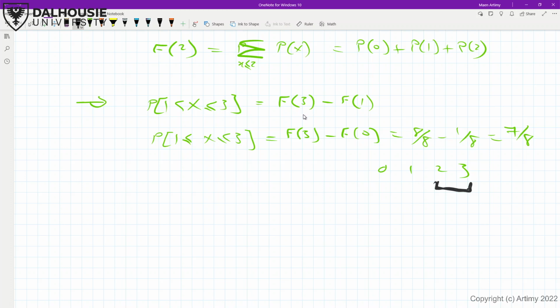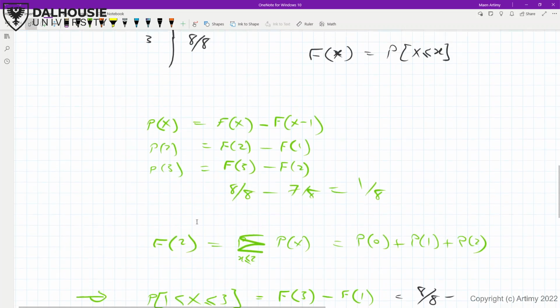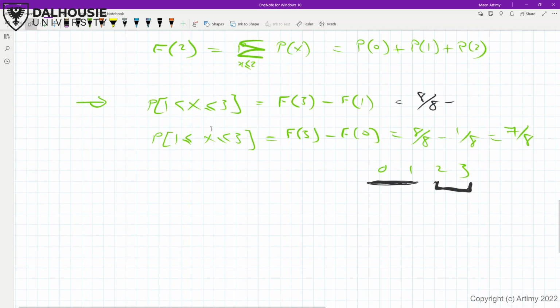And that's why if I take f of 3 and subtract f of 1, which gives me this part here, I get 8 over 8 minus, from the table, just to remember, 4 over 8.